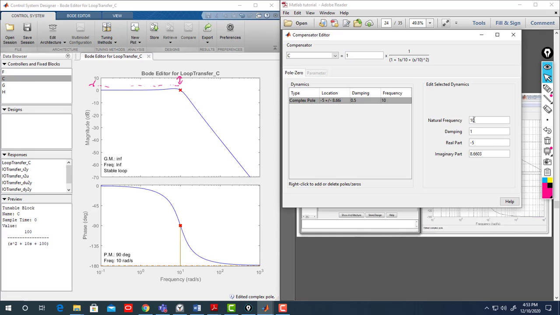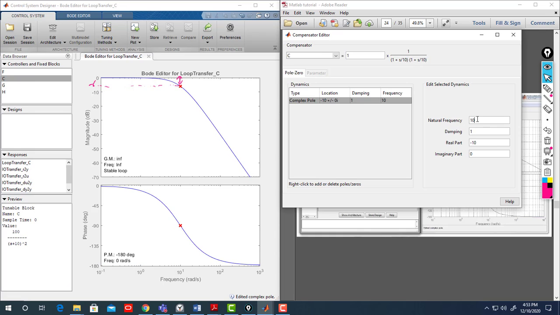At 1, I have minus 6 decibel. If instead of 1 I put 0.5, then the resonant peak 1 over 2 zeta is 1 over 2 times 0.5, so it is 1.